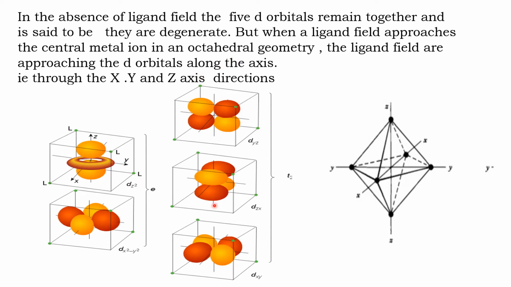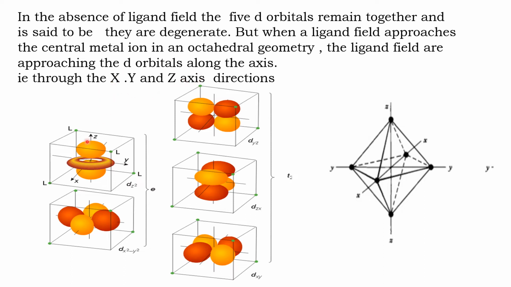They split into two. 3 orbitals stay together, dxy, dxz and dyz, while 2 orbitals stay together, they are dx square minus y square and dz square. So in an octahedral, the ligand fields are approaching along the axis, that is through the x, y, z axis.